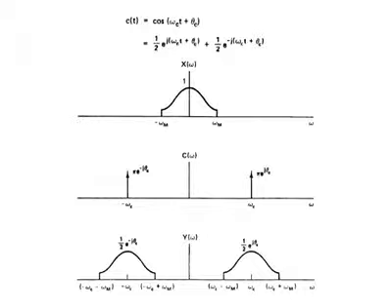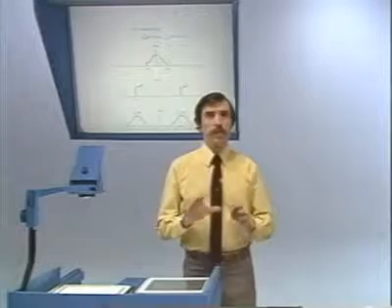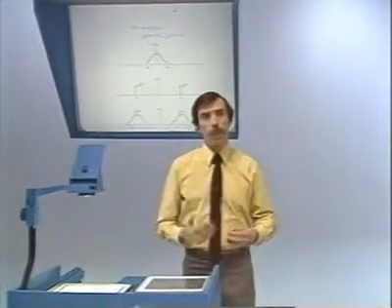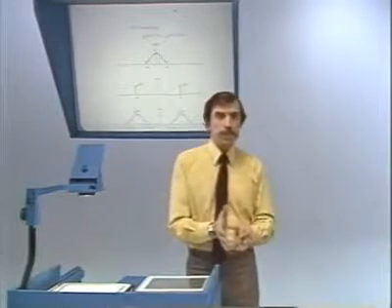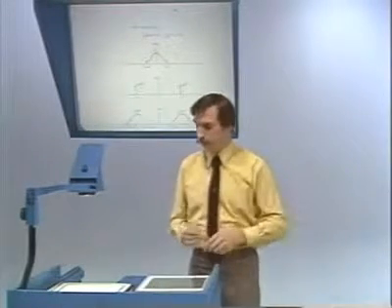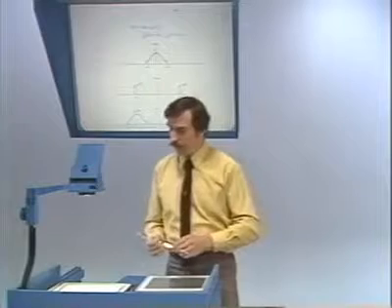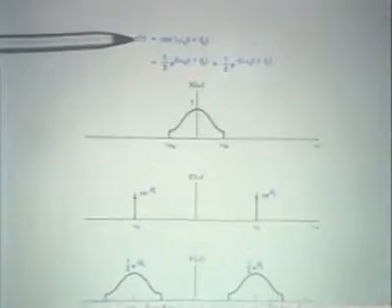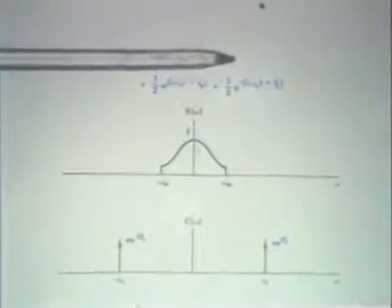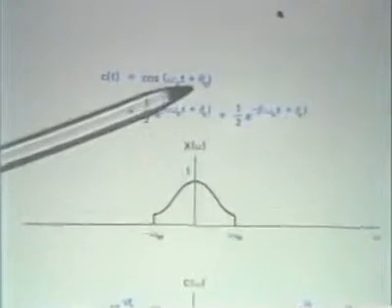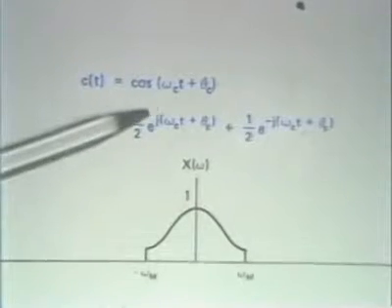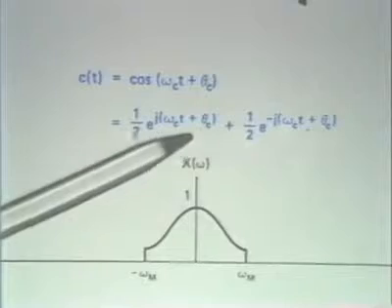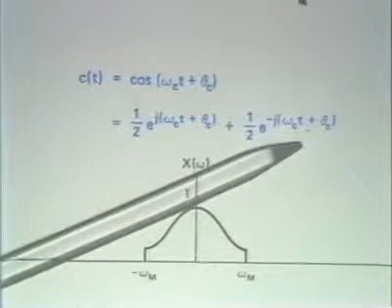Let's look at the consequences of modulation with a sinusoidal carrier, and in particular work through again what the spectra are and how we get the original signal back. So we are talking about a carrier signal which is simply a sinusoidal signal with some phase. And of course we can write that as the sum of two complex exponential signals.